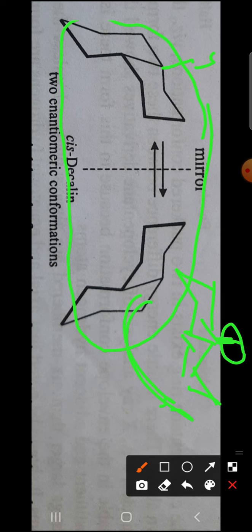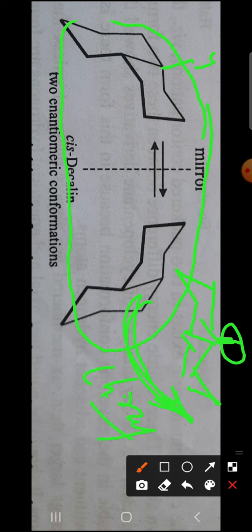That's why it's called a non-resolvable enantiomeric pair. On the other hand, trans decalin has a center of symmetry and is therefore optically inactive. So here cis decalin cannot be resolved, but the cis decalin is chiral. Chiral means it will show optical activity.